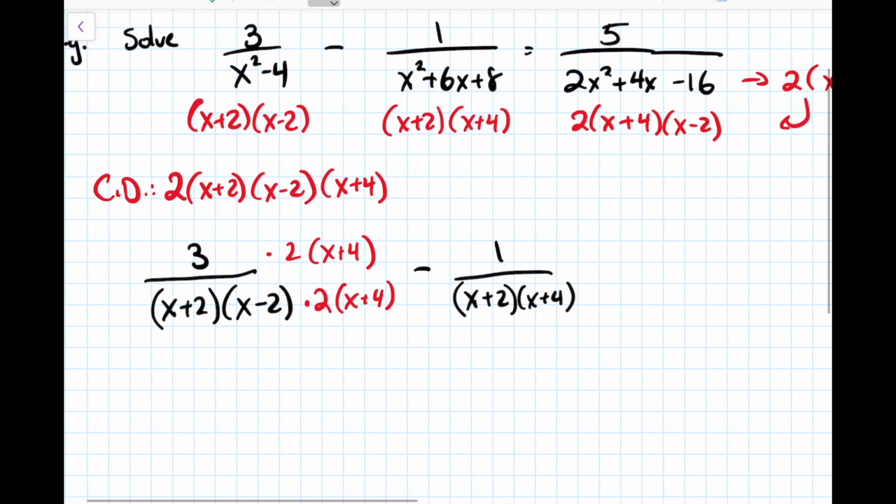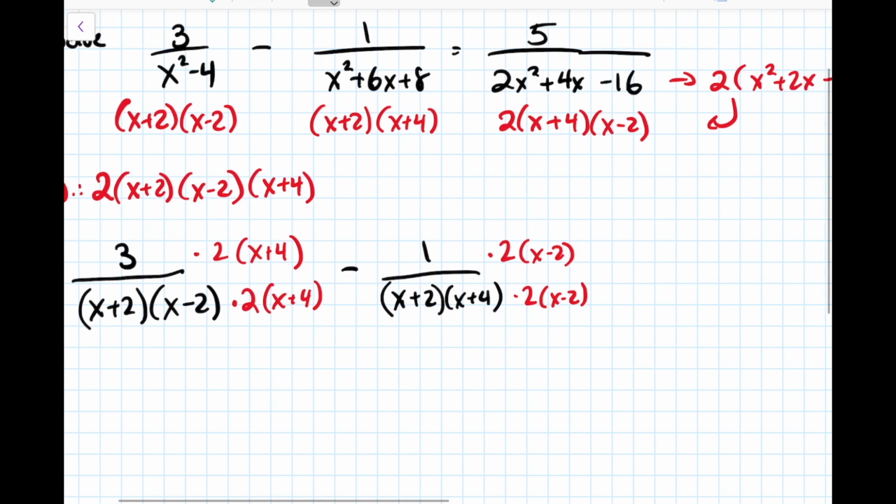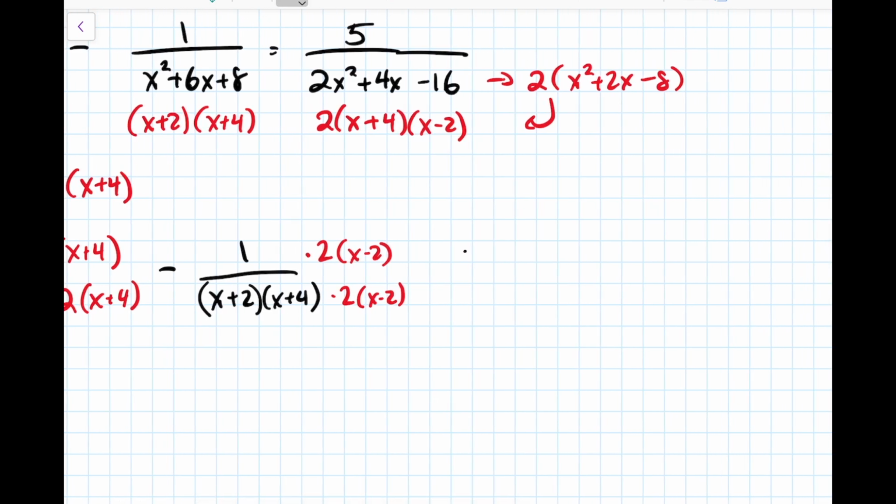So that's what we're going to have to multiply here. And our third fraction has the most things in it. So it's got the 2, it's got the x plus 4, it's got the x minus 2. But it is missing one thing, which is just x plus 2.